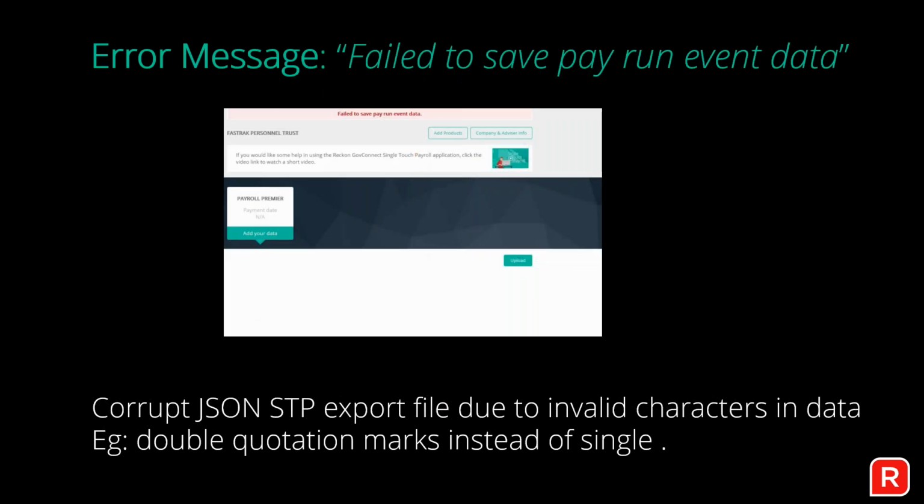And then lastly, I'll just go through some common messages before we move on to questions. An error message that may appear on Reckon GovConnect is "failed to save pay run event data". What that means is it may have been a corrupt JSON STP file due to invalid characters in the data.